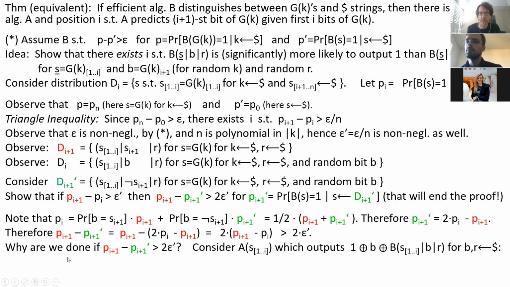Now we are done, because the reduction takes, now we have a predictor. The predictor takes the first i bits created by the PRG and picks a random bit and a random padding and gives B this string.